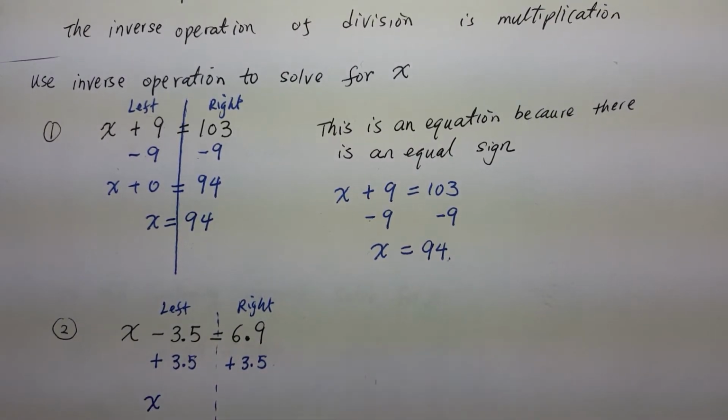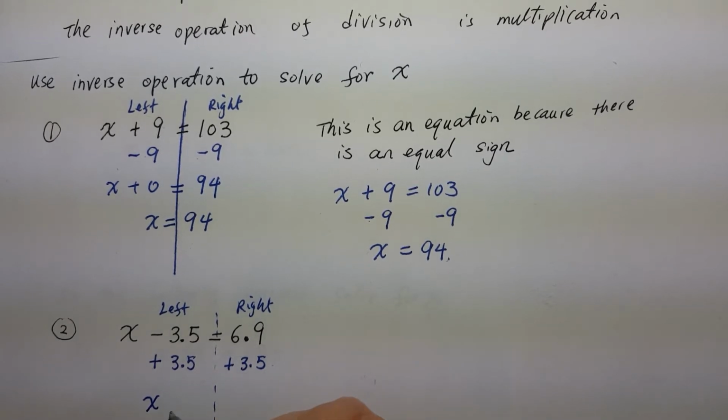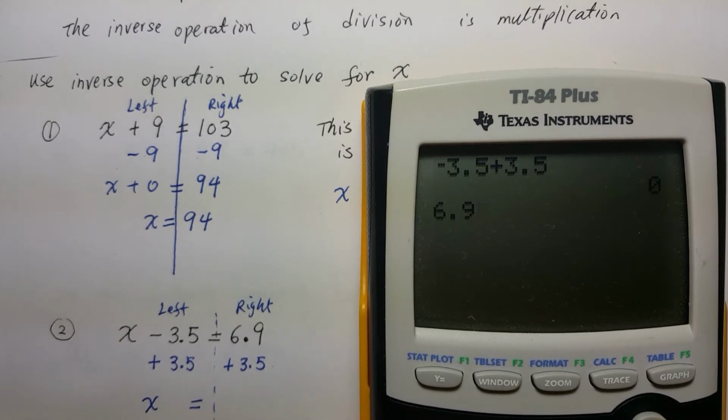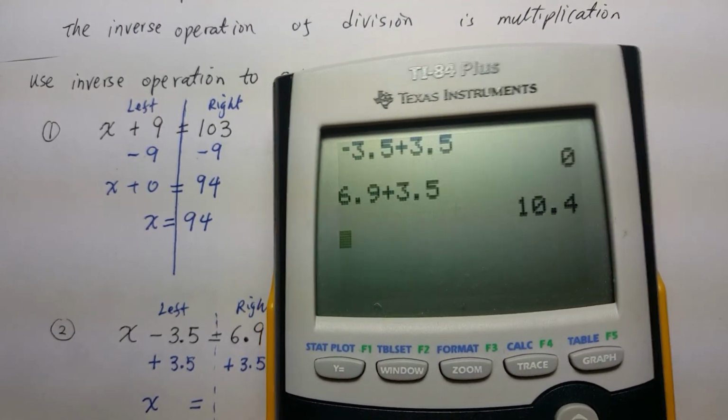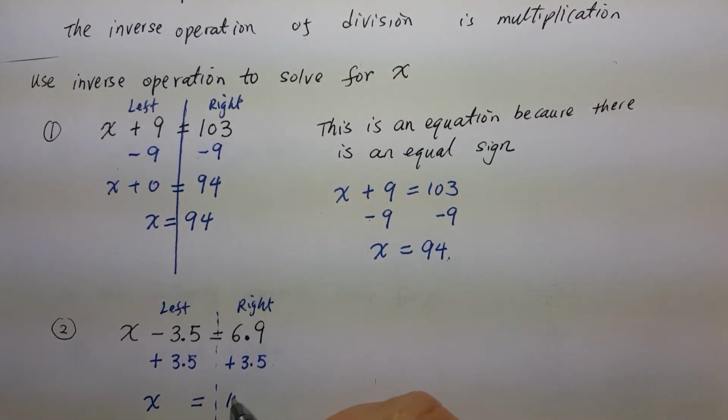So I'm going to write down x. And this time I'm not going to write down plus 0 because you already know that it's going to disappear. So we're going to x equal, use 6.9 plus 3.5. So we get 10.4. So we finished question number 2.